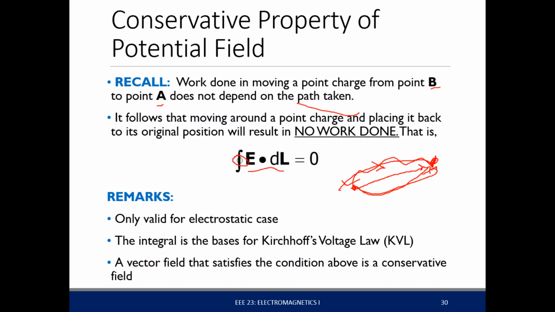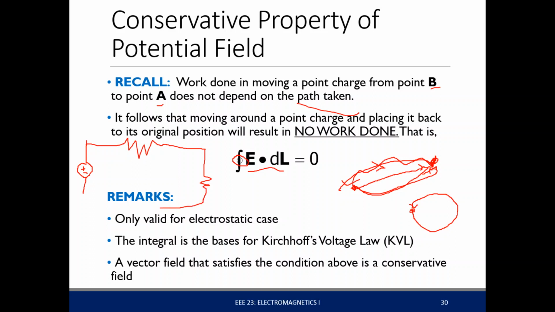And basically, you have your point right here. You go around some path back to the point, you have your closed loop. And you should be familiar with this because that closed loop is normally a circuit loop. Okay?